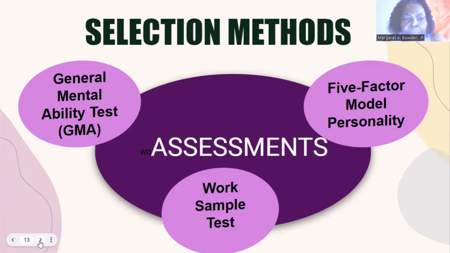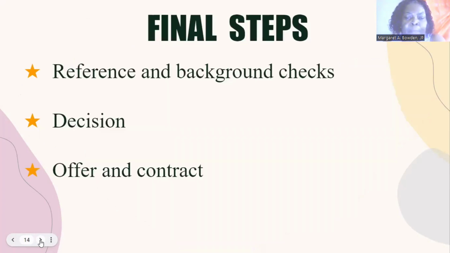All right. So after we have done the interviews and the assessments, there are some final steps in the selection process. And these steps include going back to the applications of the shortlisted applicants, looking at their references and doing background checks and getting the referees to submit references.